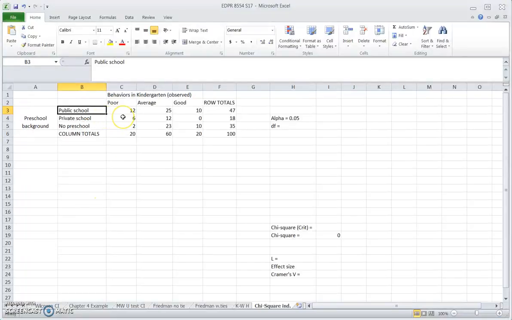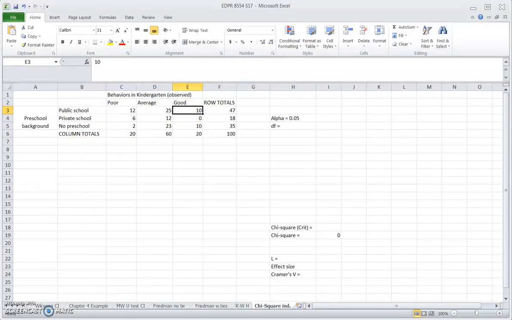With that information in mind, we need to know that the chi-square test of independence usually starts with a cross-tabulation like we have here. The two variables you are interested in examining are put together in this table, showing the frequencies. For example, out of those 47 children who attended public preschool, 12 of them were rated poor in kindergarten, 25 were rated average, and 10 of them were rated good, and so on.